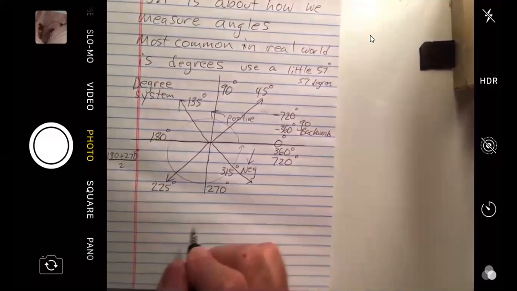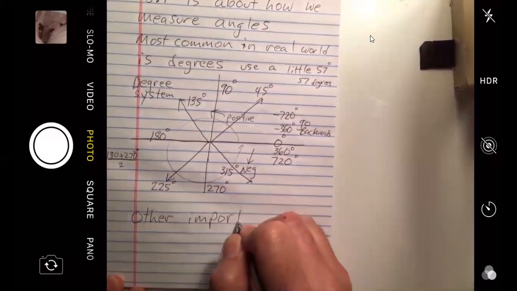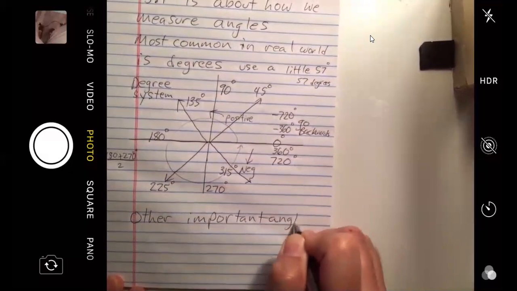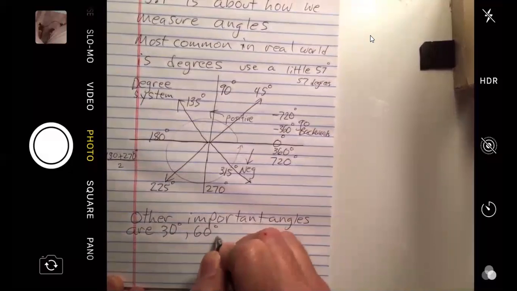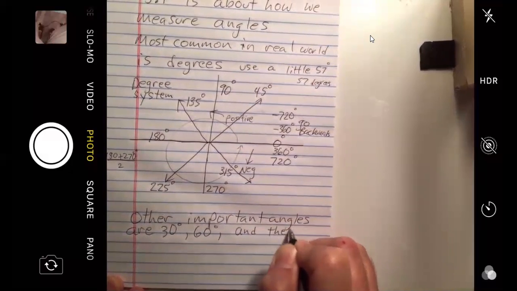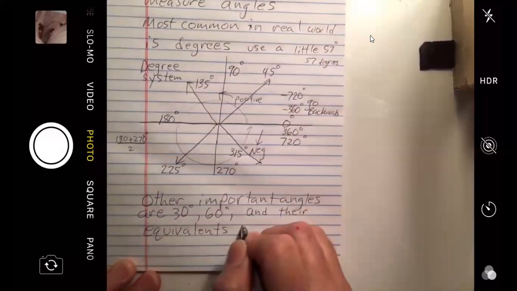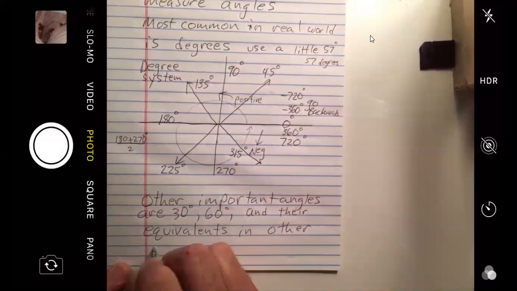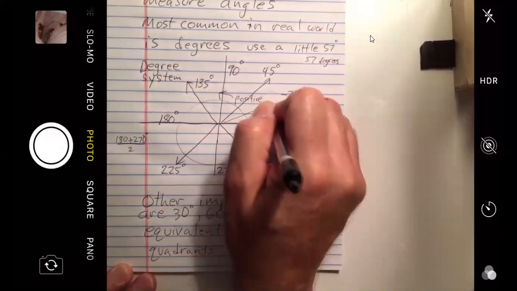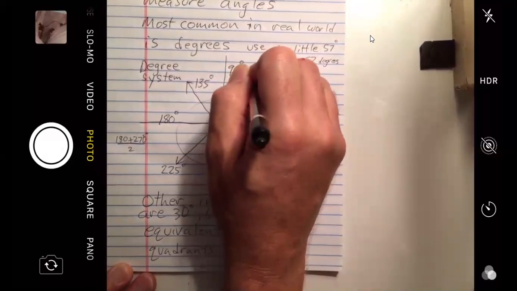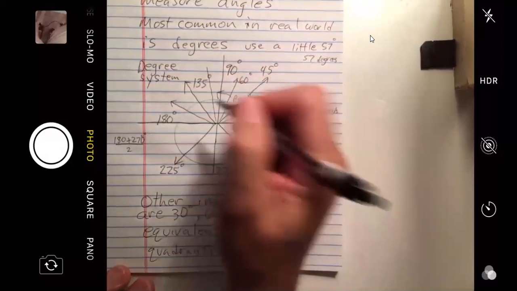Other important angles we're going to see, and explain why, are 30 degrees and 60 degrees, and their equivalents in other quadrants. So there's 30 degrees, 60 degrees. Really you're 30 from each axis, but this would be called the 60 equivalent.